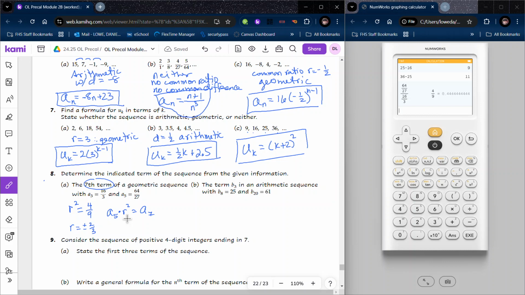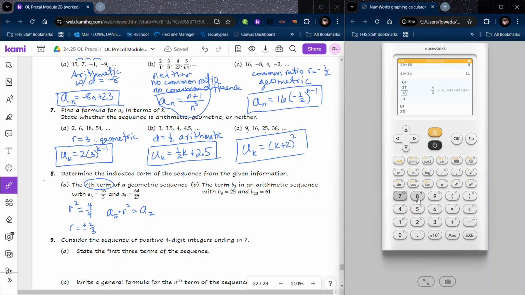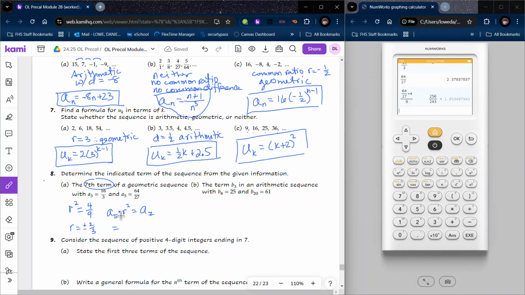And so I'm going to have 64 over 27, that's the fifth term, times my ratio squared. My ratio squared was 4 over 9. And that's going to give me the seventh term, which is 256 over 243.